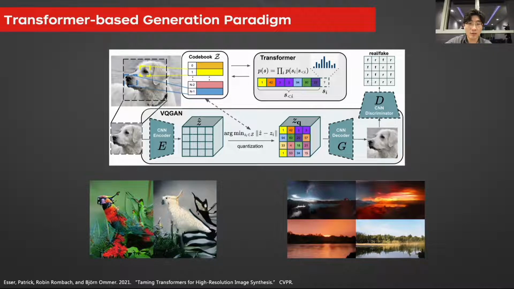First, VQGAN is trained to compress images into finite discrete representations of tokens. Then, an autoregressive transformer is trained to model the dependency between discrete image tokens.